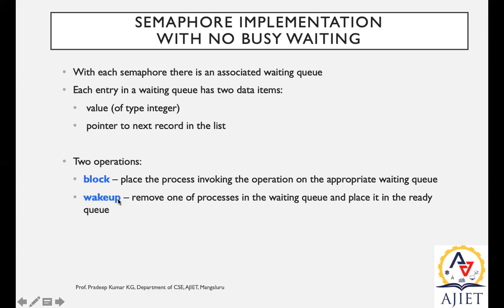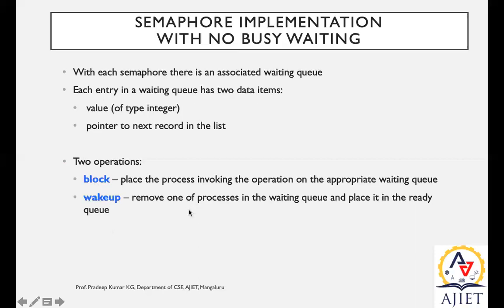The second operation is wake up. It removes one of the processes in the waiting queue and places it in the ready queue. So block is nothing but allocating, and wake up is nothing but removing. Once one allocation is over, the previous one should be removed from the queue.